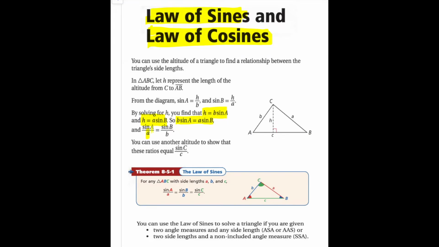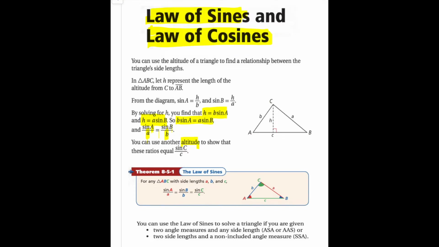So sine A over lowercase a, that is the side length, is equal to sine B over lowercase b, that is the side opposite to angle B. You can use another altitude to show that these ratios are equal to sine C over c. Now we are going to the first theorem in this lesson, and the theorem is called the law of sines.